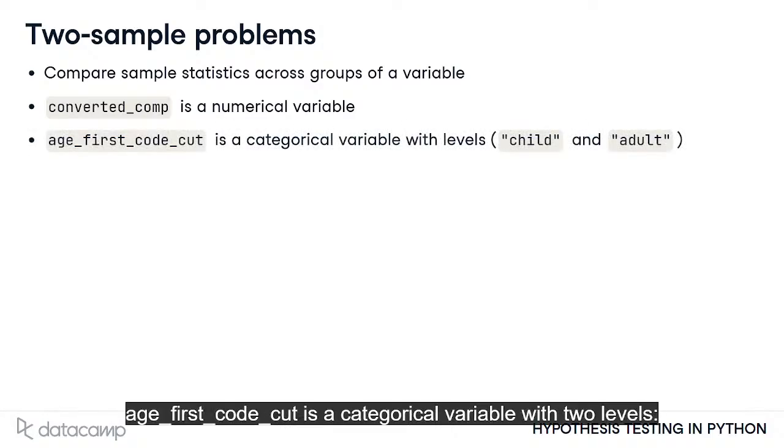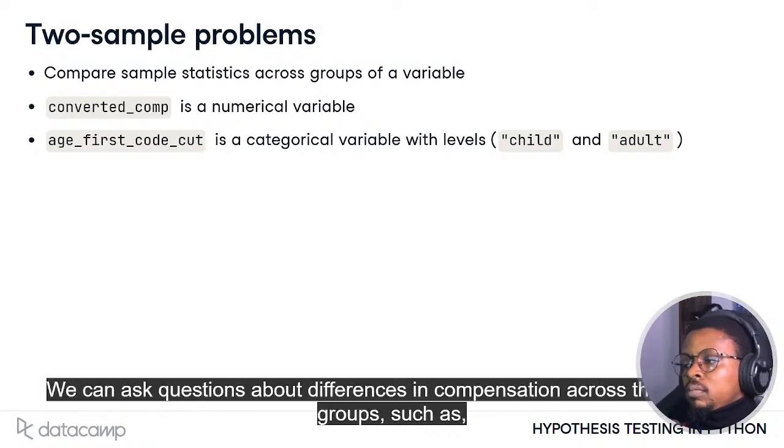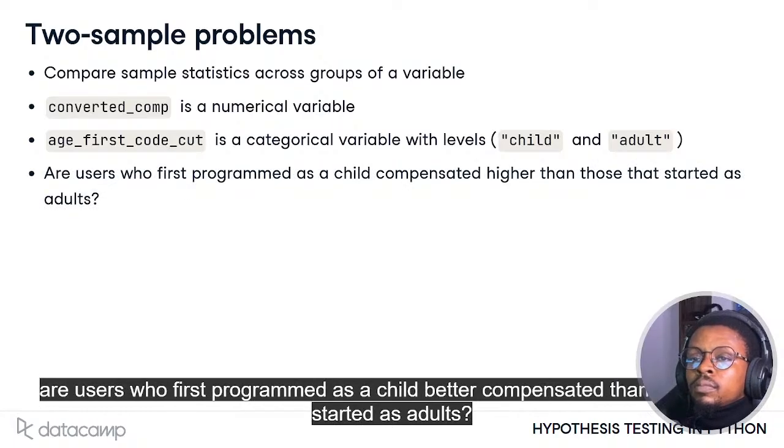Age first code cut is a categorical variable with two levels, child and adult, which describe when the user started programming. We can ask questions about differences in compensation across the two age groups, such as, are users who first programmed as a child better compensated than those that started as adults?